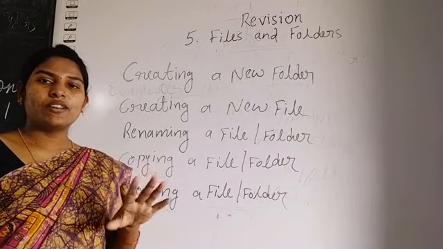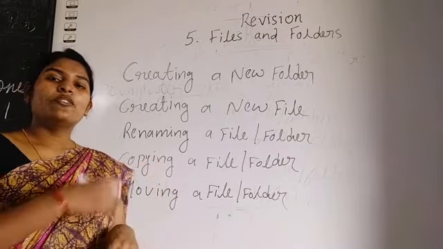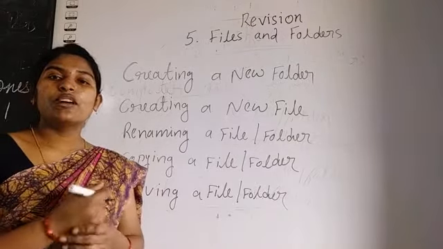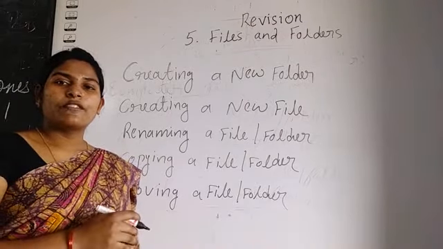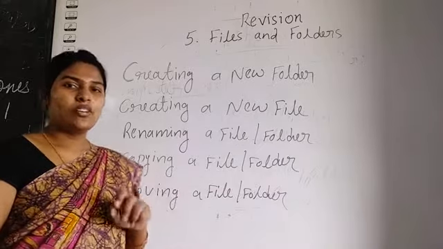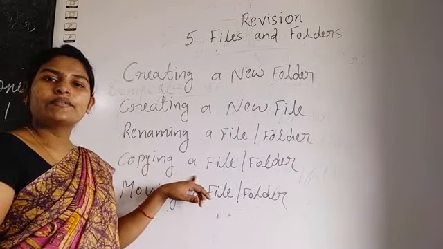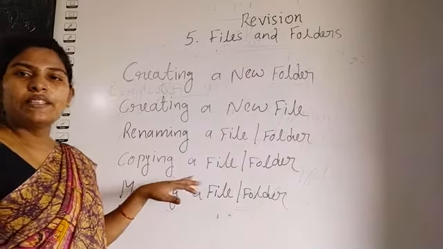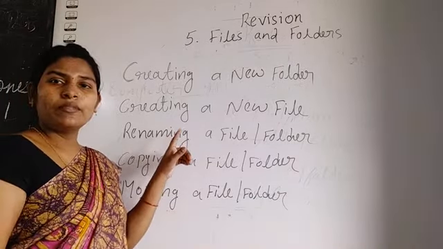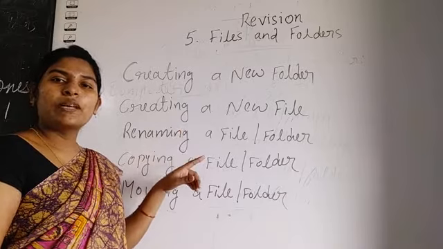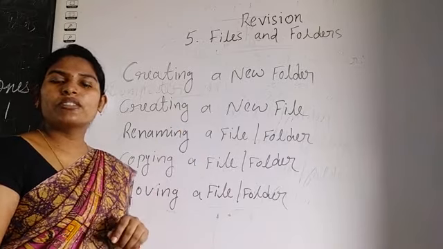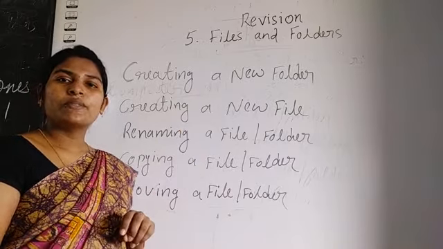Minimize the present window, whatever you have opened, and open the location where you want to paste the particular file or folder. After opening that location, click anywhere once and go to the Home tab. From the Clipboard group, click which option? The Paste option.